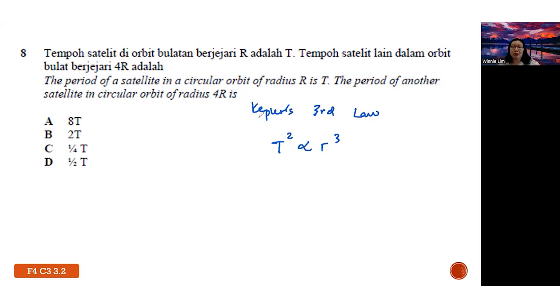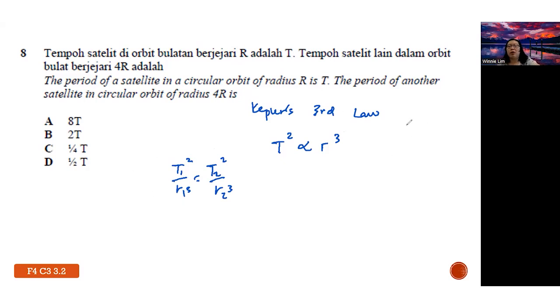Based on the calculations, T1 squared over R1 cubed is equal to T2 squared over R2 cubed. So we're going to use this idea to solve the question.